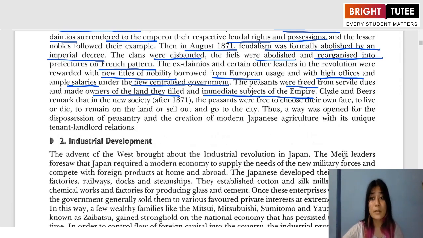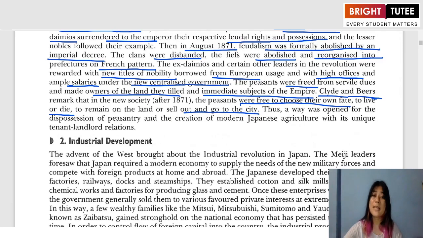Now, scholars like Clyde and Beers have pointed out that in this new society introduced by the Meiji emperor, the peasants were free to choose their own fate: what they wanted to do, how they wanted to live, or where to remain, whether to remain on the land or to sell that land and go to the city.